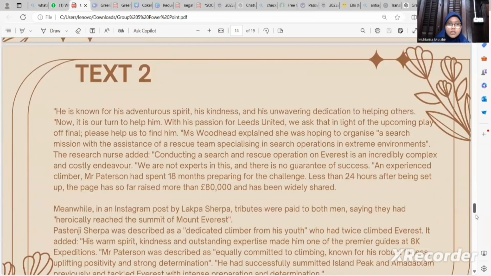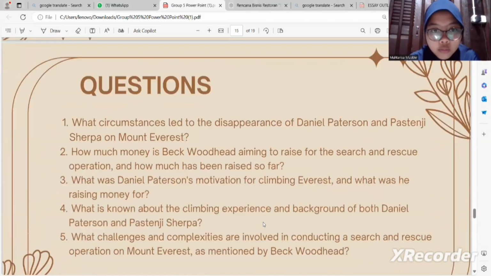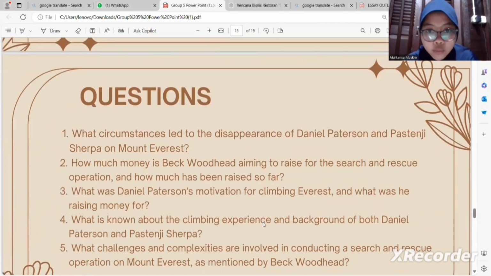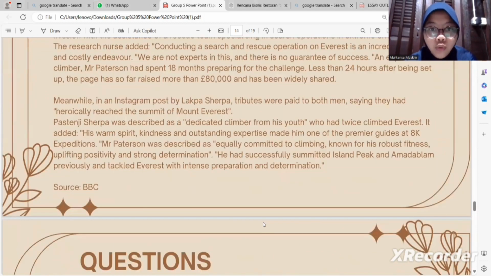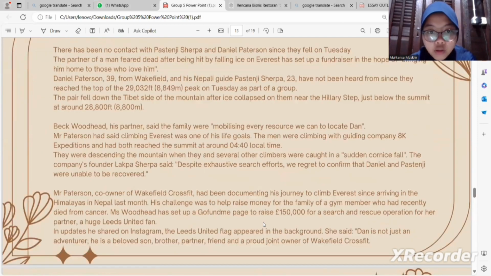Next question is talking about how much money Beckwood was aiming to raise for the search and rescue operation and how much has been raised so far. So we're gonna search for money. This one, you can see here.